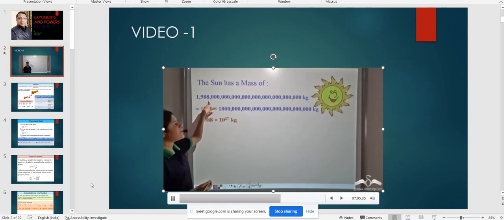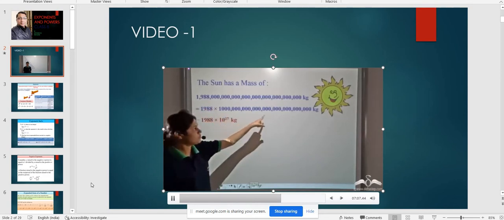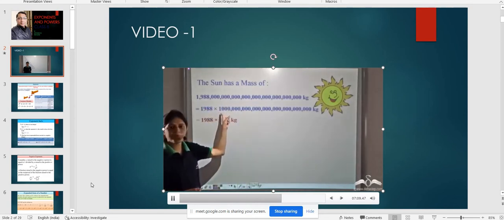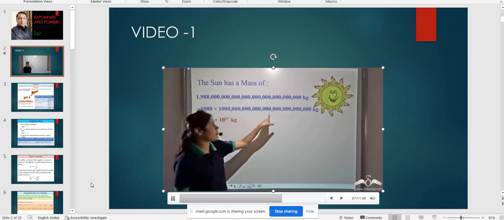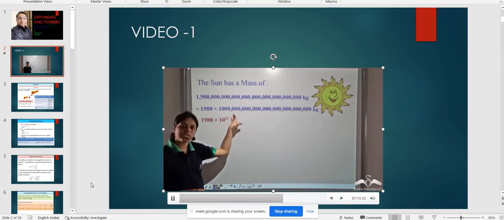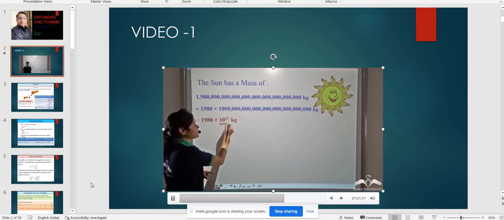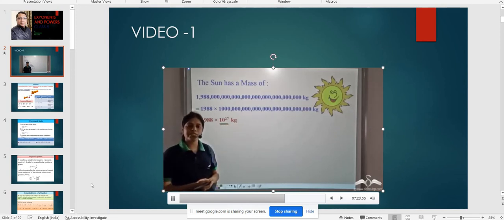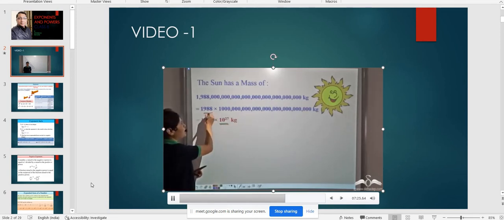Well, this is 1988 into this huge number, and this huge number is 10 multiplied by itself 27 times. 10 multiplied by itself 27 times can be written as 10 to the power 27, and we have 1988 from here.